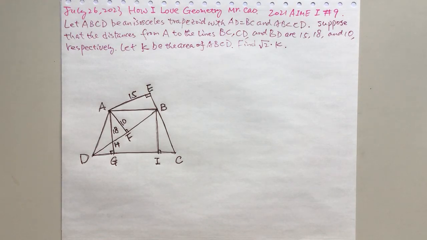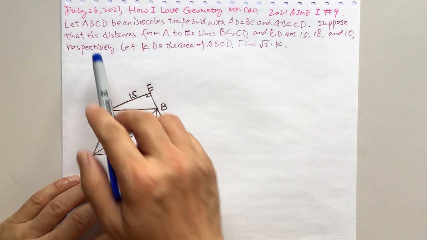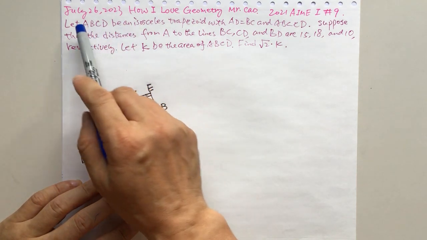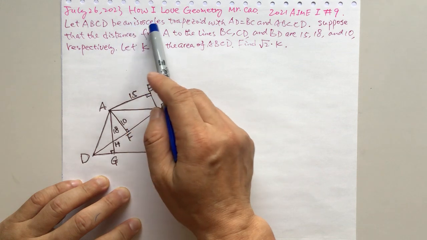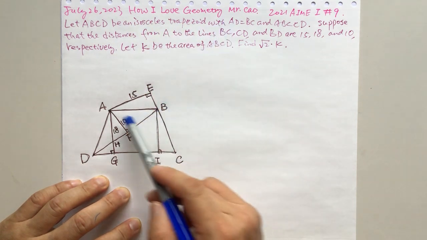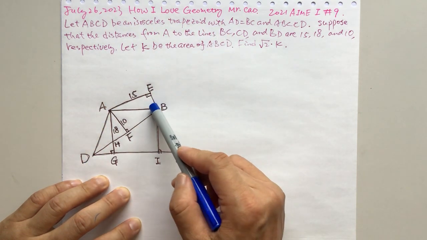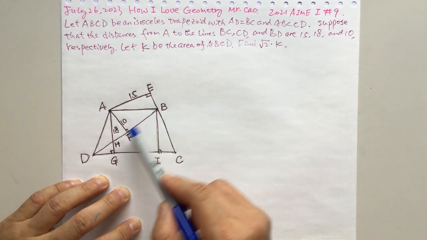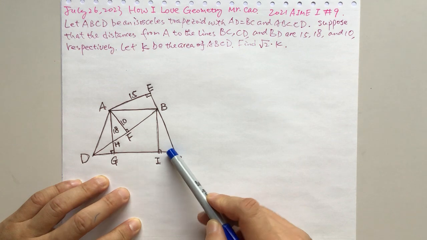I'm Mr. Chao. This problem is from 2021 AIME I, problem number 9. Let ABCD be an isosceles trapezoid with AD equals BC and AB less than CD.